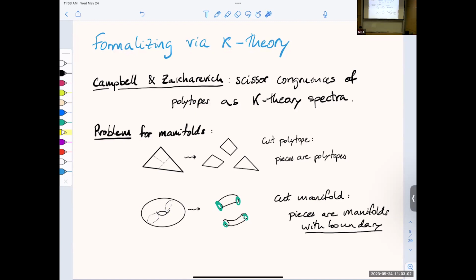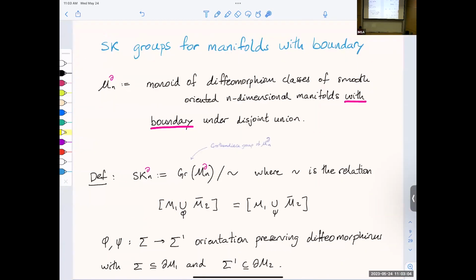Now, what can we do? Well, we decided to generalize in a certain direction, and instead of working with the classical SK groups for closed manifolds, we decided to generalize the groups to be groups of manifolds with boundary. This slide looks suspiciously similar to a slide we saw before.